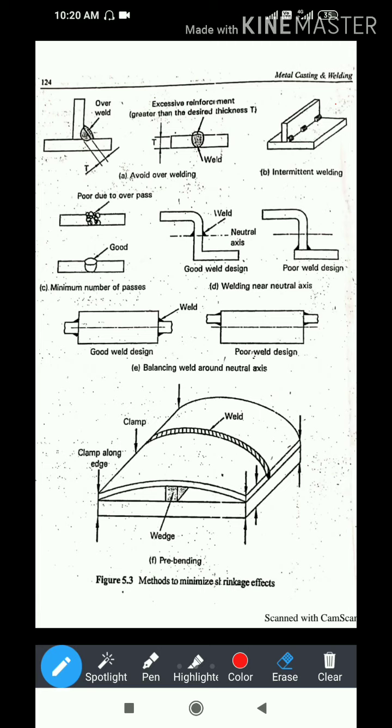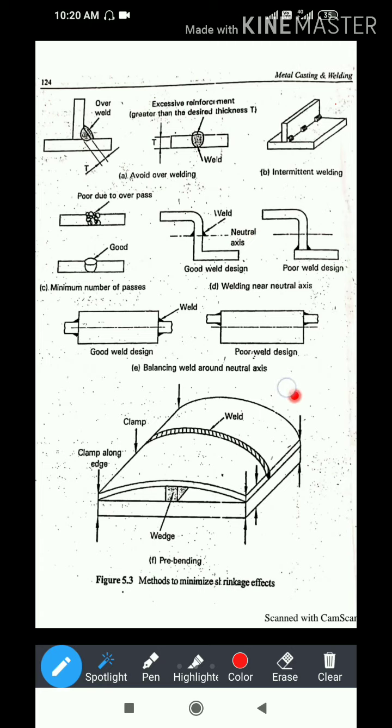If you do the welding on the neutral axis, as you can see over here, the shrinkage doesn't allow the remaining workpiece to shrink. It can hold the workpiece to its required dimension and shape. It doesn't allow the workpiece to change its shape by the shrinkage effect. This is also one of the important points to be considered during welding to avoid shrinkage.